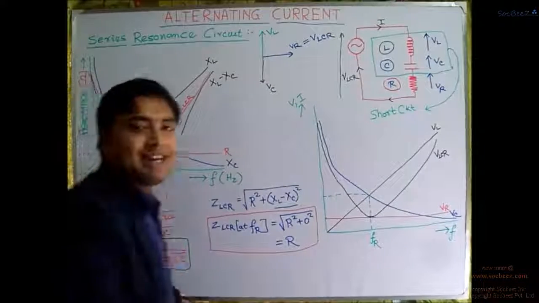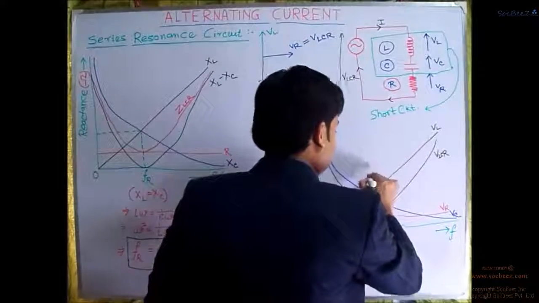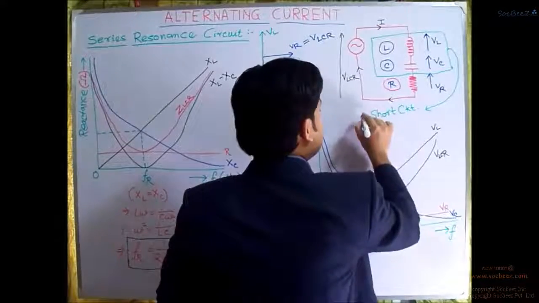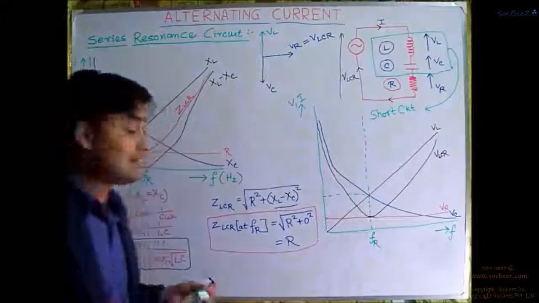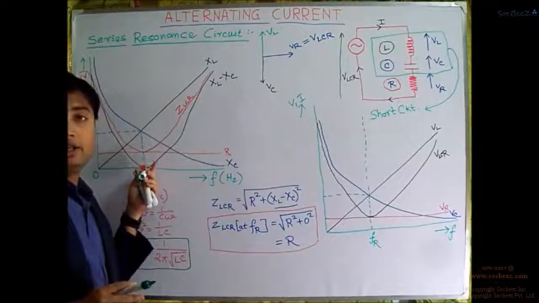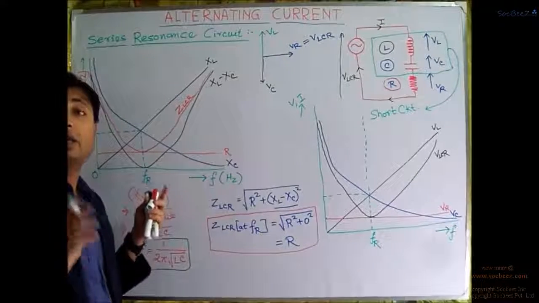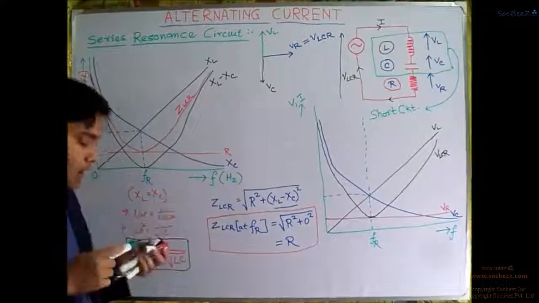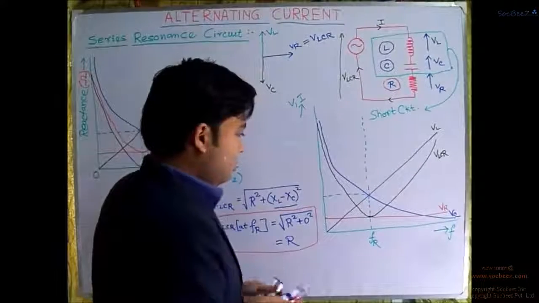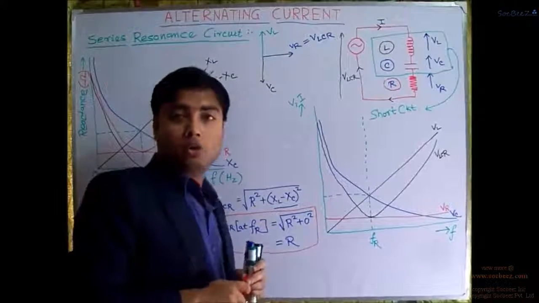So at this resonant frequency, when we observe that the impedance of the LCR circuit is the minimum, then obviously the current flowing through it will be the maximum, right? So the line which is now being represented by the red line will show the current.